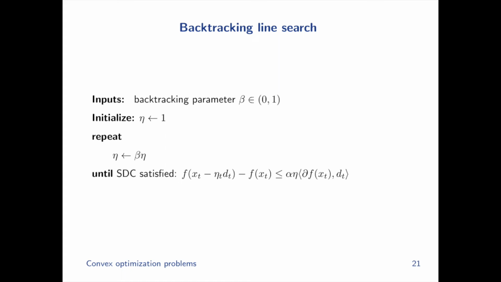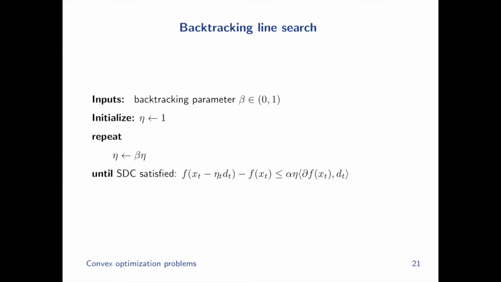Now, maybe I'll leave this as a homework problem: if the objective function is smooth, you will always find such a point. But remember at the very beginning of the video, I alluded to the fact that gradient descent is one of the most robust algorithms out there, in the sense that if you set the step length below some threshold, the algorithm will work.